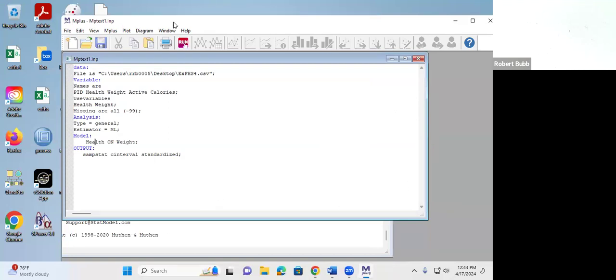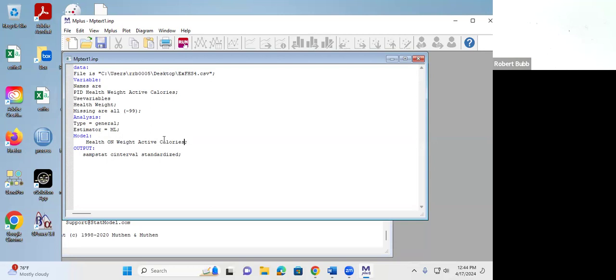So we do need to change our model, right? So what do we need to change here? Multiple regression. Active and then calories, right? So go in the order of your variables. So the active, make sure there's a space between them, and calories.